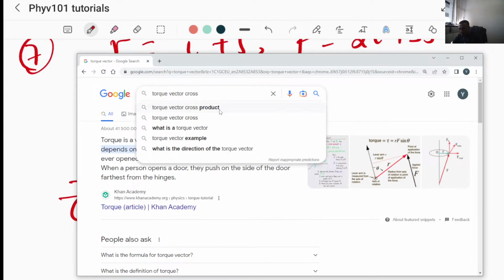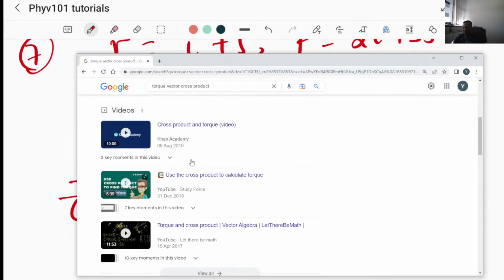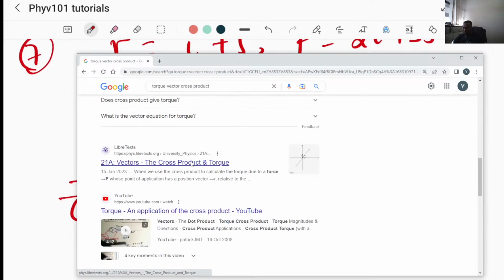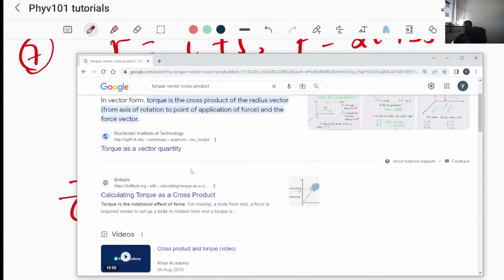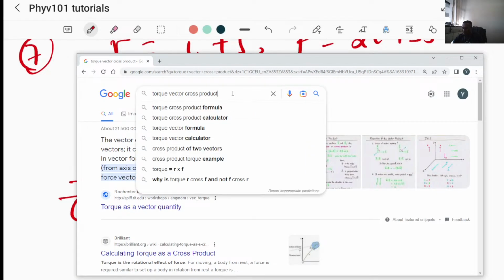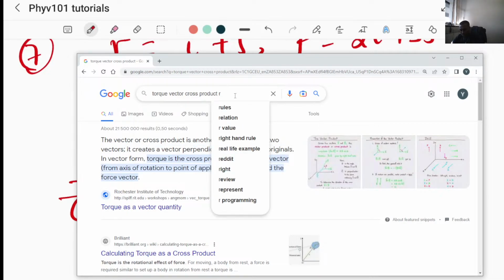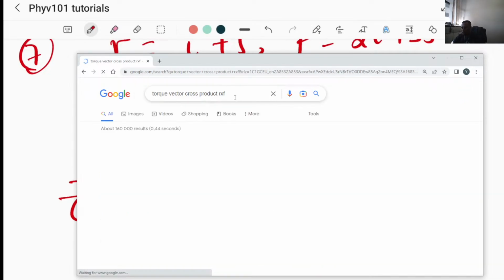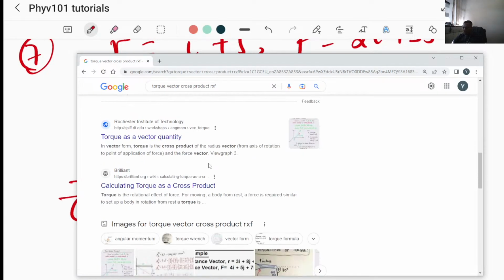C-R-O, cross product. And what does it say? Hey, nobody gave me a very simple torque. I know it should be R cross F, I know for sure. But somebody help me. Yeah, R cross with F. Let me just type. Where should I go?